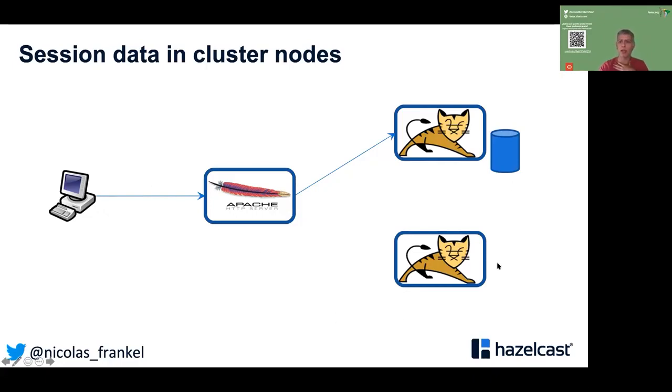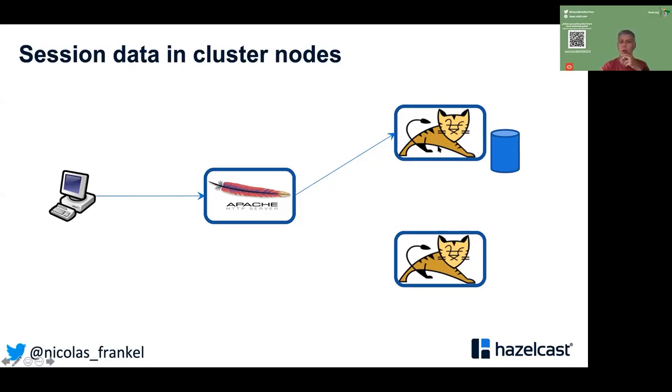If you think of an e-commerce application, then you will lose your cart because your cart is probably not in the database. You don't want to put the cart in the database because going to read the database every time to have cart info is too much. In general, you put cart data in the session. So if you go to another node, then you will lose your cart. And of course, that's not acceptable.